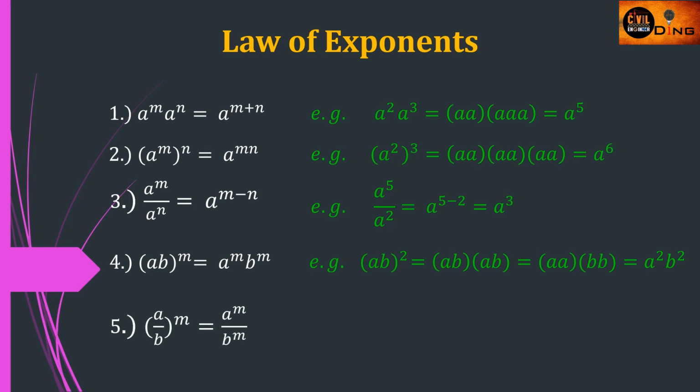At ang number 5, division distributive. Quantity a over b raised to m is equals to a raised to m over b raised to m. Halimbawa, quantity a over b squared is equals to a squared over b squared. Na-distribute lang siya.